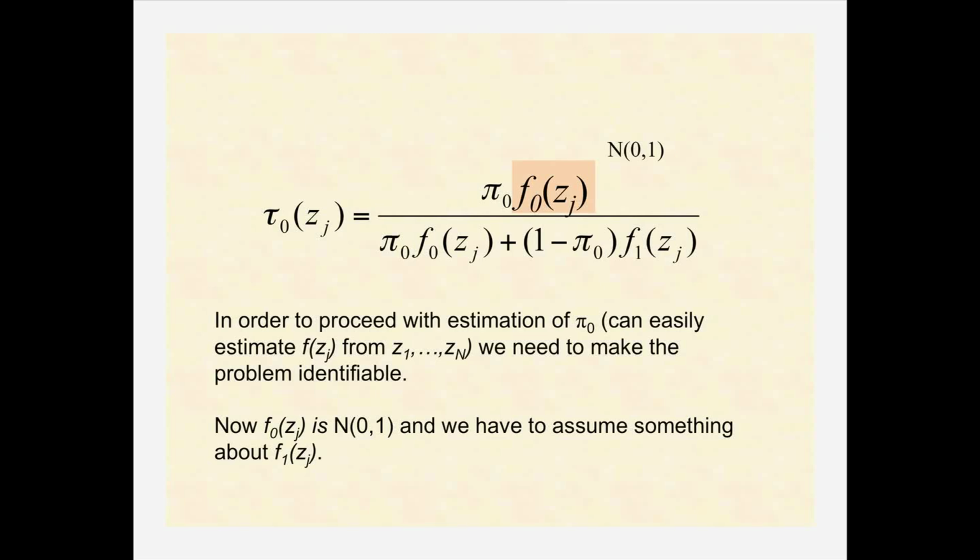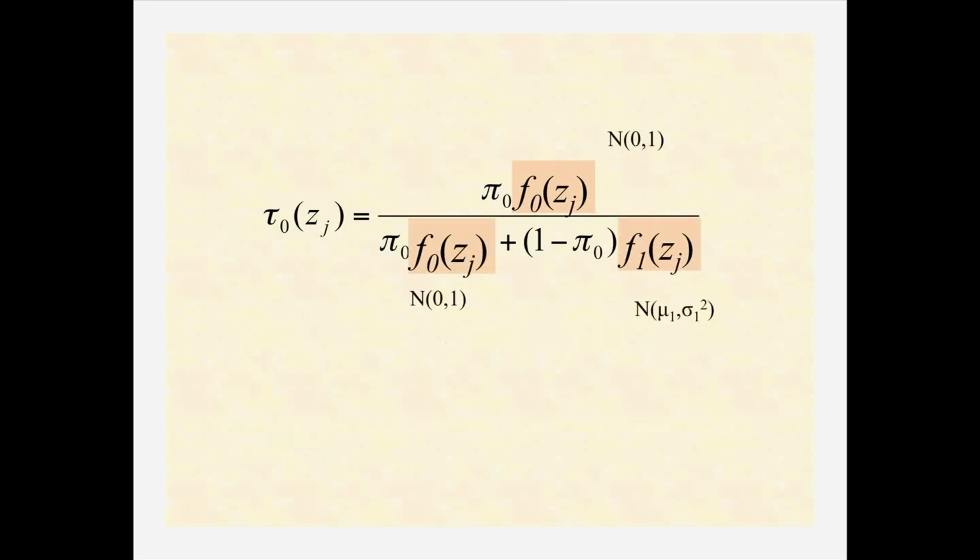Now we can easily estimate the mixture density, but in order to estimate the proportion of null genes, we've got to make some assumption about pi 1, the density of the z-score for the differentially expressed genes. We can do that by specifying a normal distribution. So we've got to estimate pi naught, mu1 and sigma 1 squared.